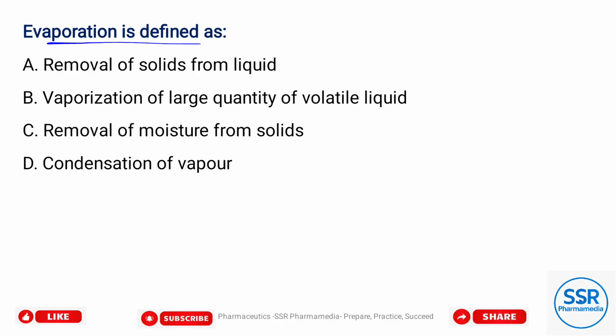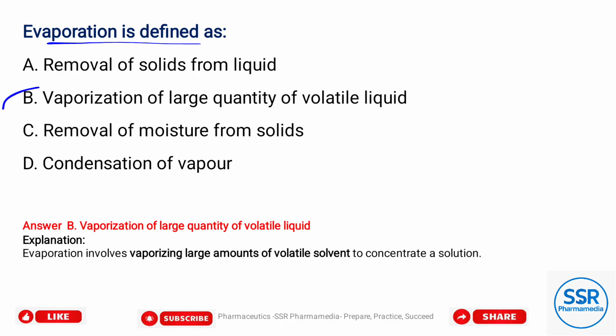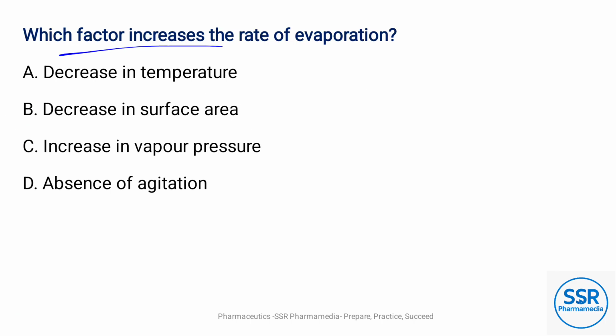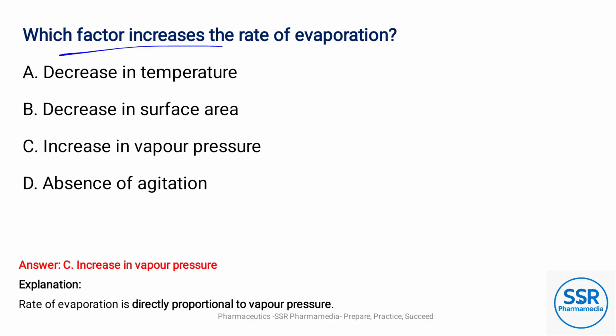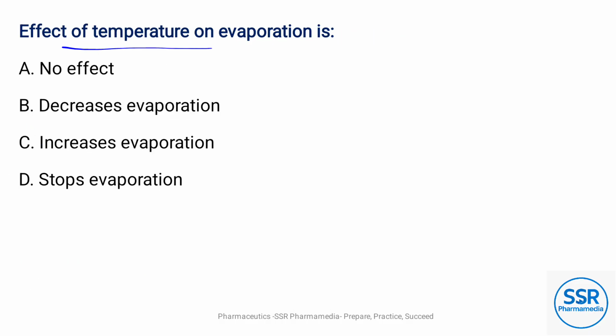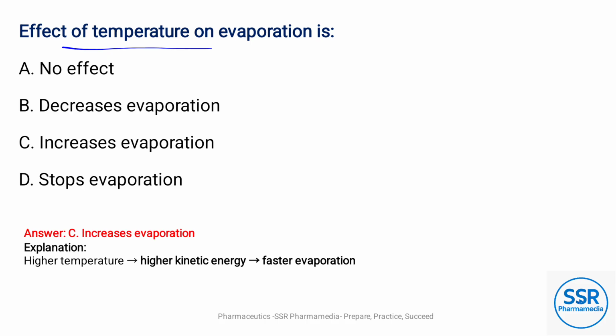Evaporation is defined as, option B, vaporization of large quantity of volatile liquid. Which factor increases the rate of evaporation? Option C, increase in vapor pressure. Effect of temperature on evaporation is option C, increases evaporation.